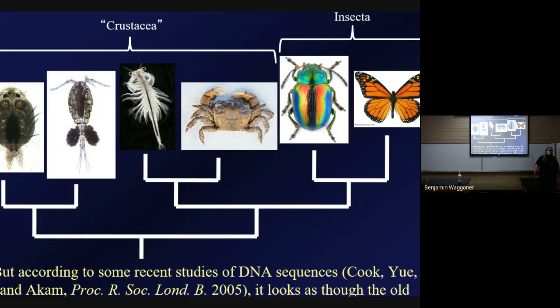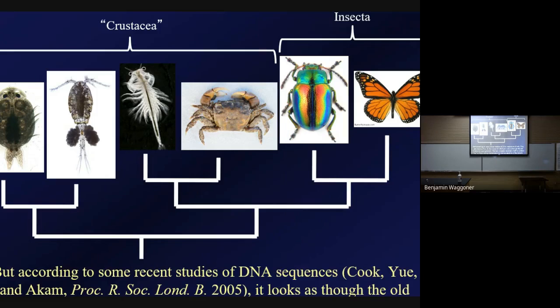And so now we don't separate the two from each other. All of the critters that you see are part of a large group called the Mandibulata. So we don't split them now because we're trying to make our classification scheme follow common ancestry.